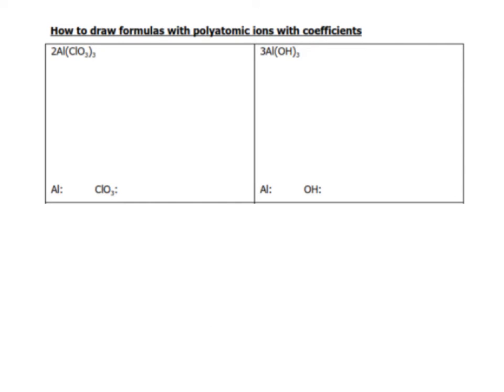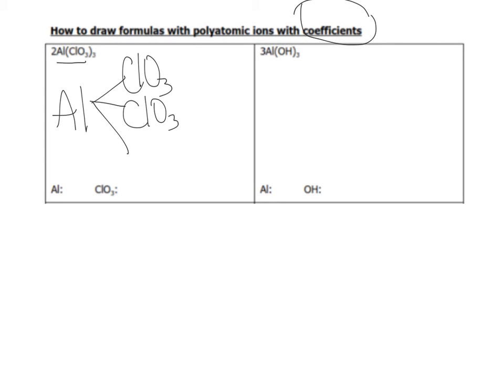I also want to do a little bit of practicing of drawing the formulas with polyatomic ions, but also incorporating coefficients. So first, the formula Al. I have 3 branches, the 3 outside the parentheses, and at the end of each branch I have a ClO3.